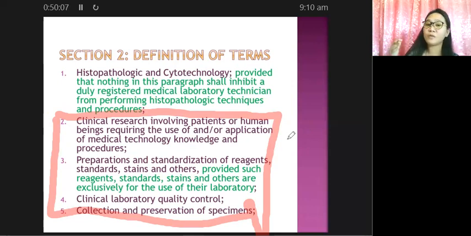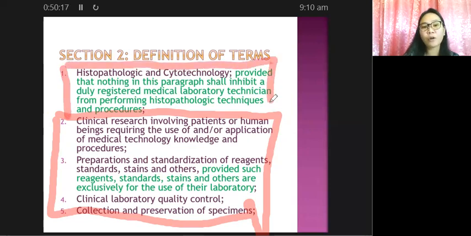It is not exclusive to medical technologists. And actually, that is also true in the preceding provision. It removes the exclusivity.